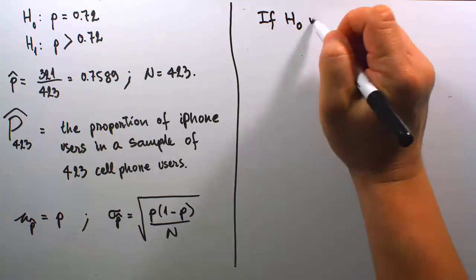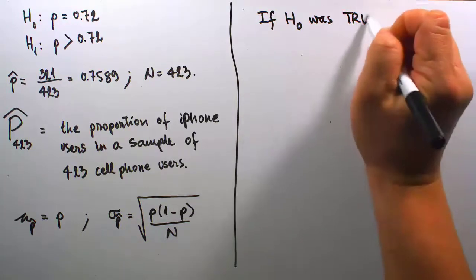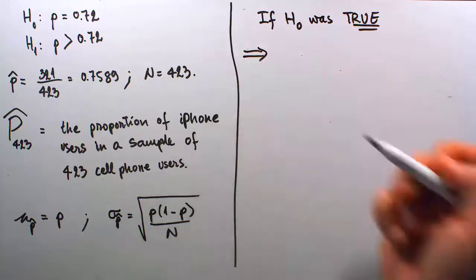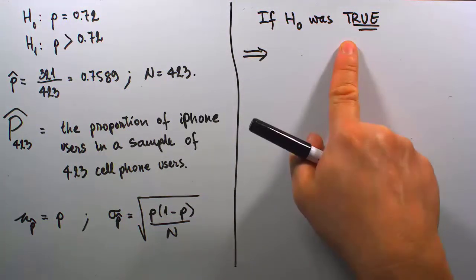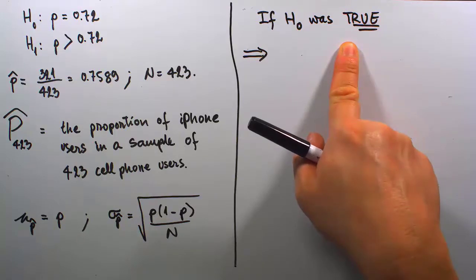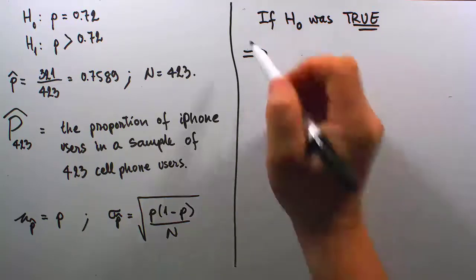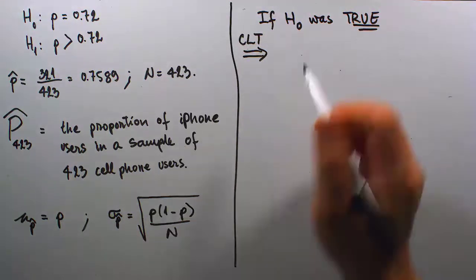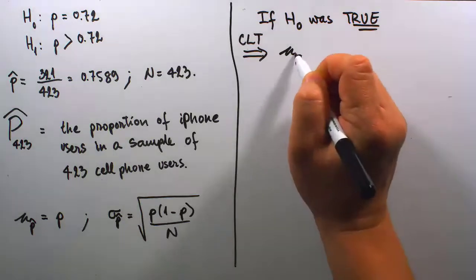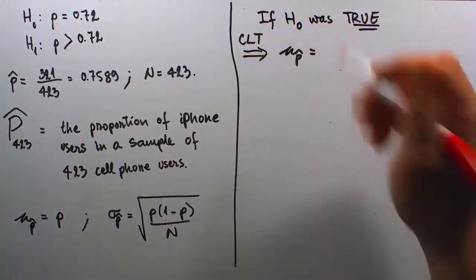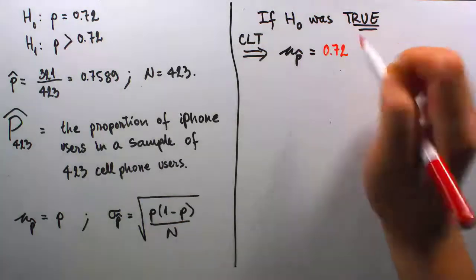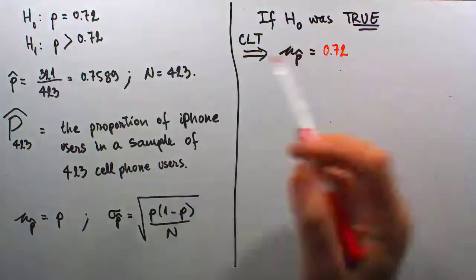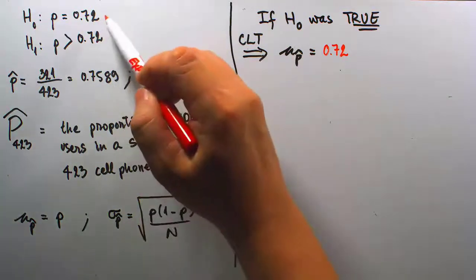So if H sub 0 was true, then consequently, and allow me to be brief now because we have seen this kind of reasoning quite some times already, the central limit theorem guarantees that mu P hat must be the value being claimed in the null hypothesis, 0.72.